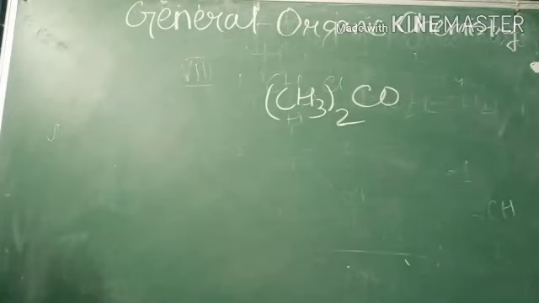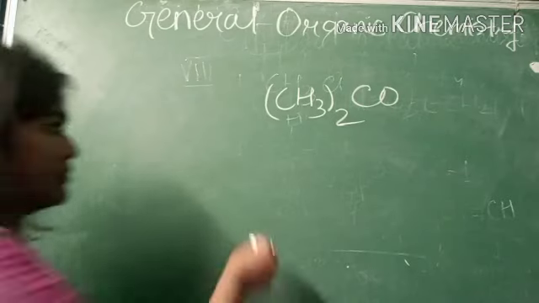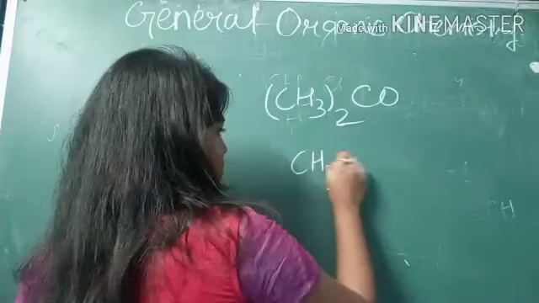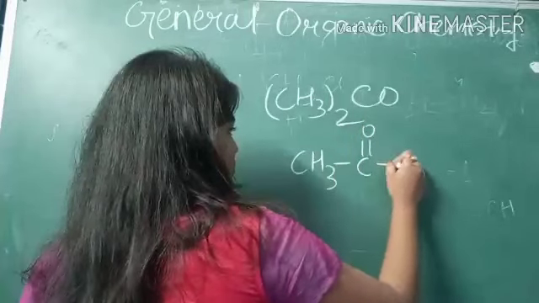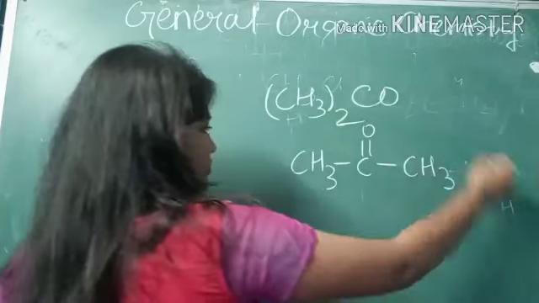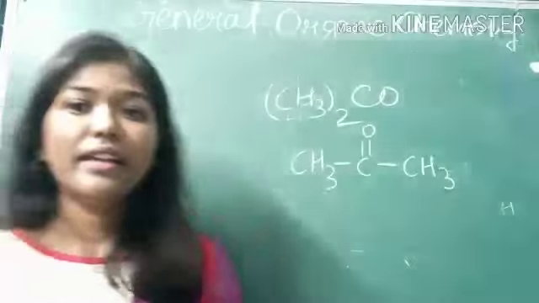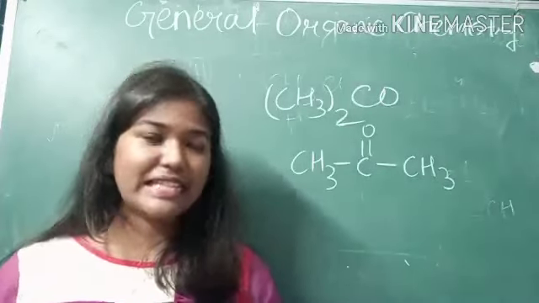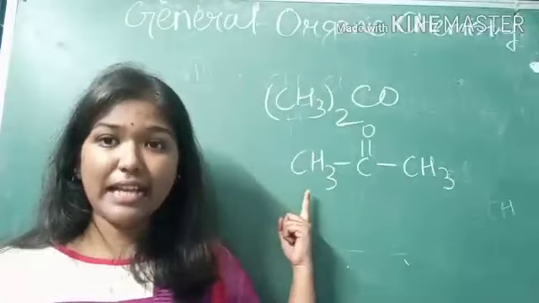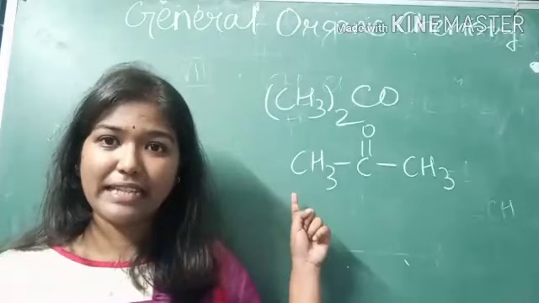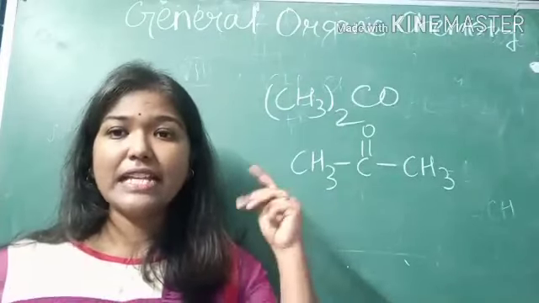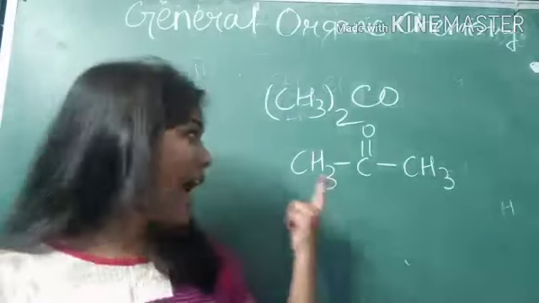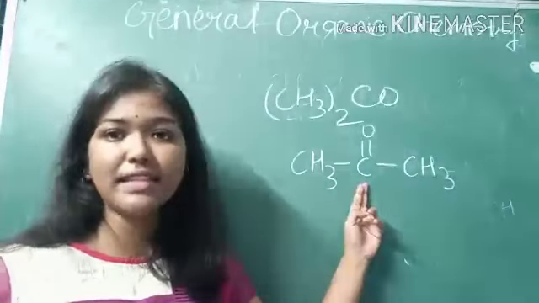This is our second question. So easily we will draw the structure. In this structure we can see that the first carbon does not have any pi bond. That is, it has got 3 sigma bonds with hydrogen and 1 sigma bond with this carbon.